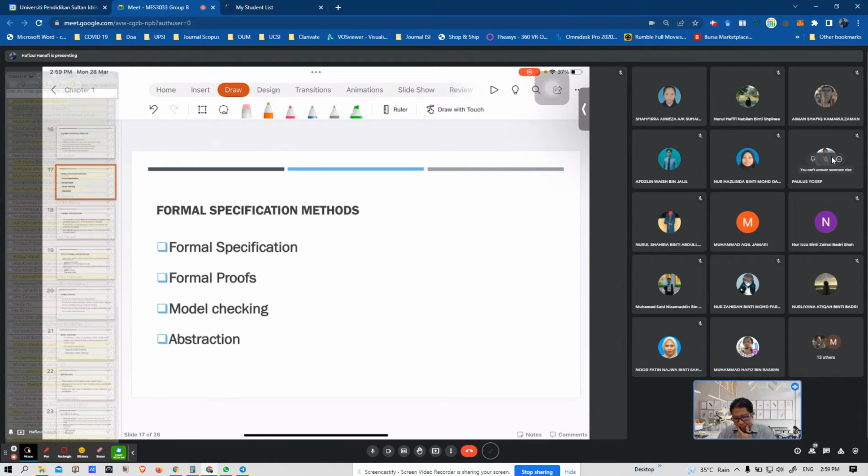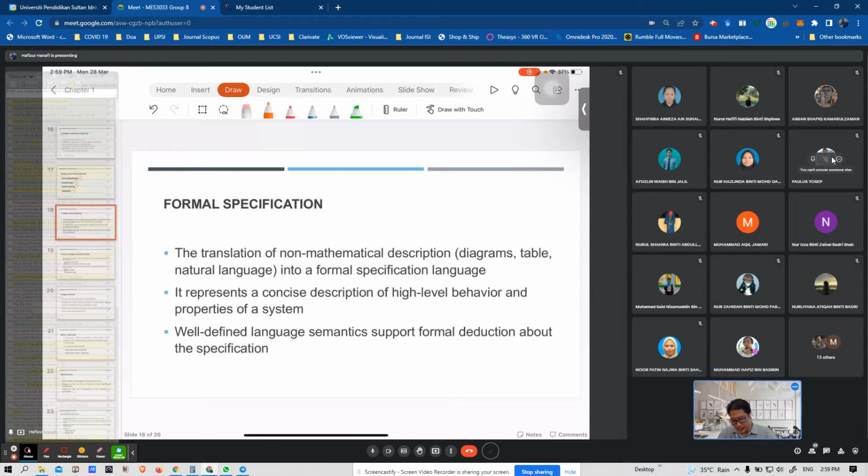Okay, and then formal specification methods. We have four here. One, formal specification. Two, formal proof. Three, model checking, and four, abstraction. Okay, formal specification.